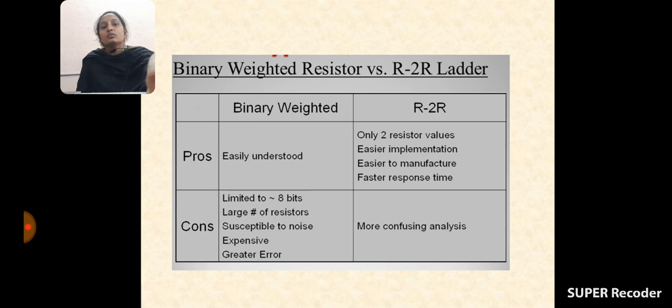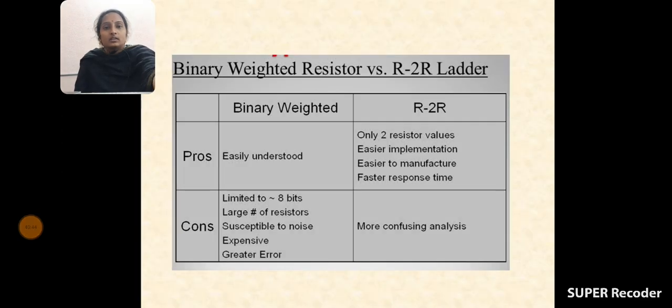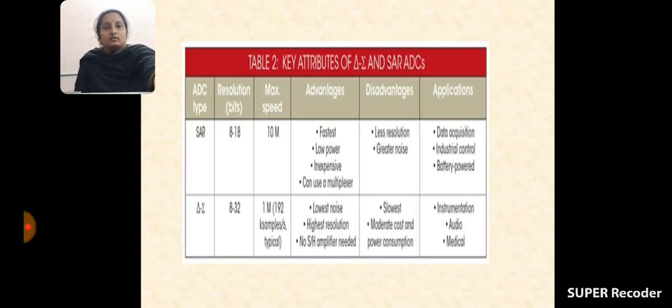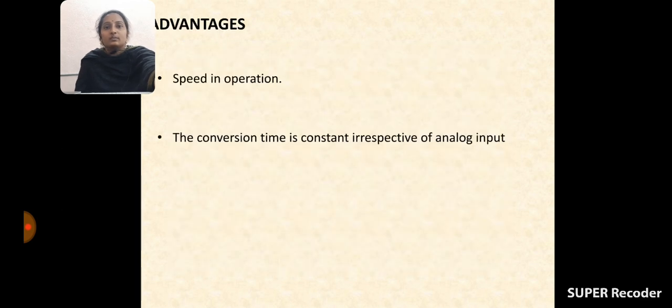These two questions will come for 3 marks: give the differences between binary weighted and R2R ladder network, and give the differences between successive approximation register type and counter type. These two are very important.